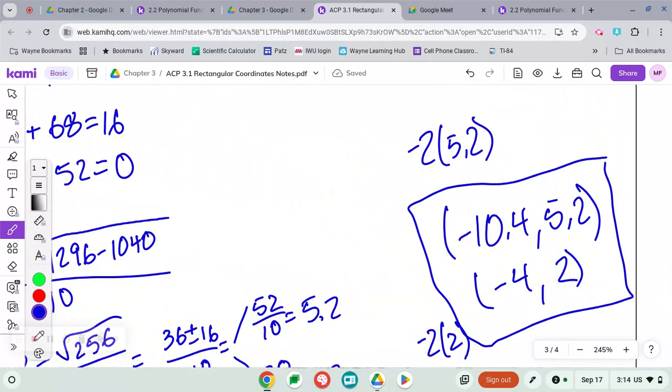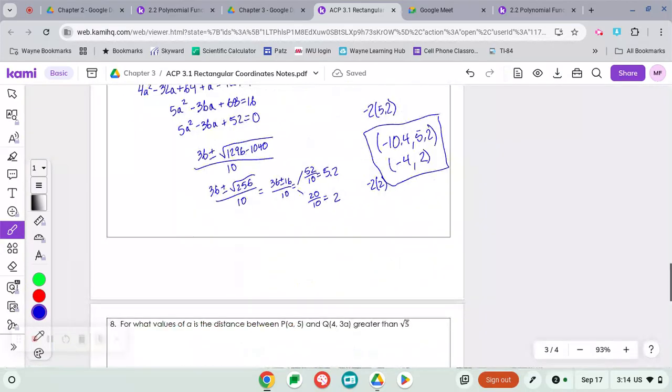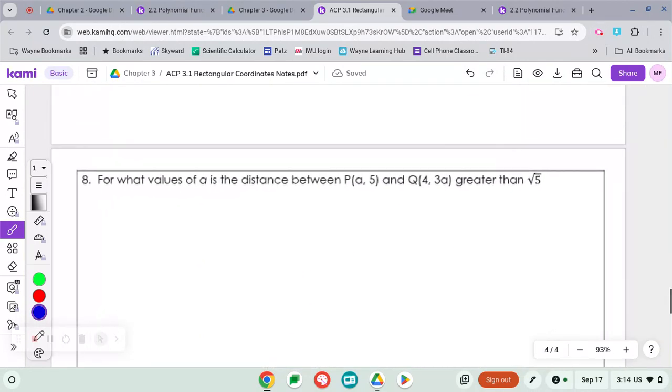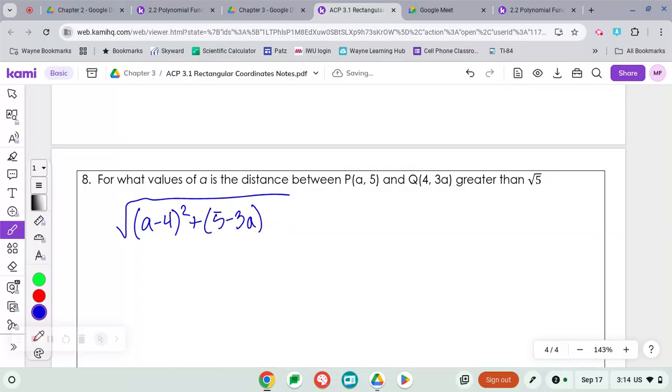All right. Next, on the back, we've got one more problem, okay? So, all right, this problem starts off the same. We want it to be greater than the square root of 5, okay? And there's one like this on your homework. So, we'll start it off, a minus 4, all this squared, plus, then it's 5 minus 3a, all that squared.